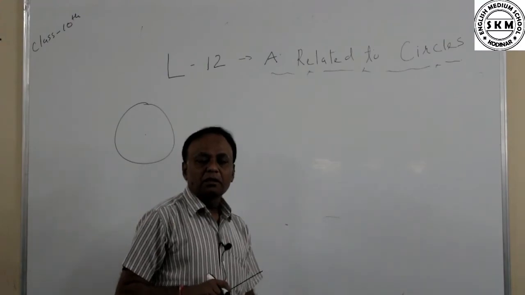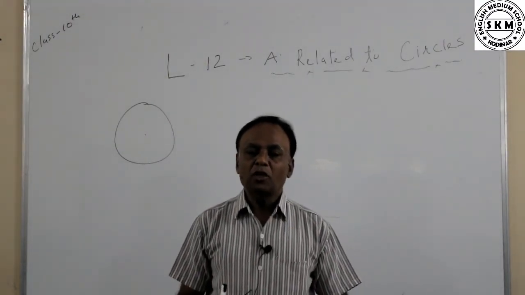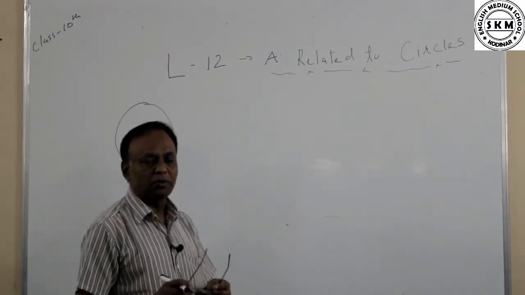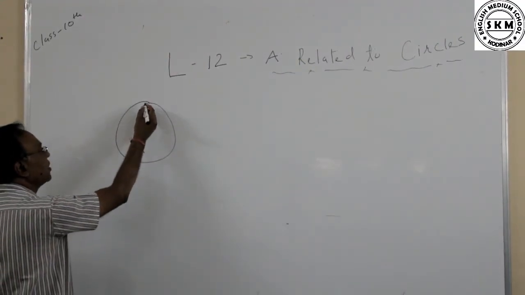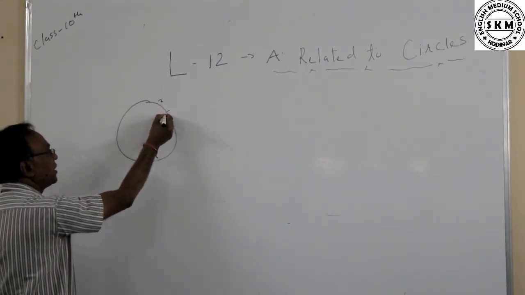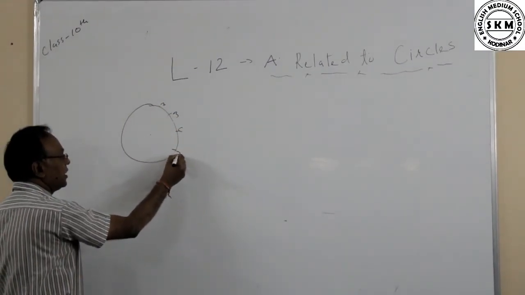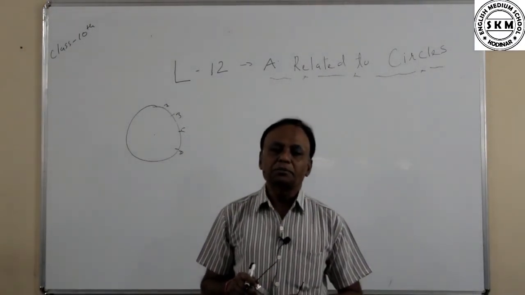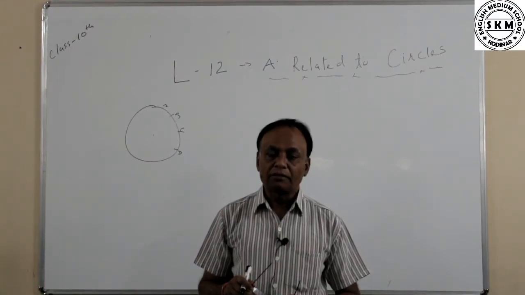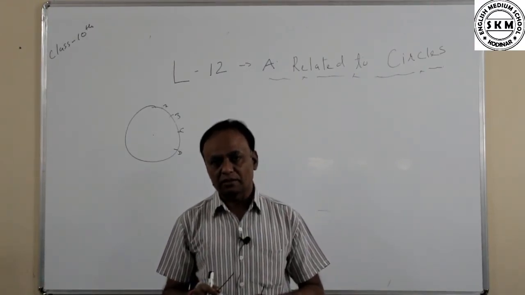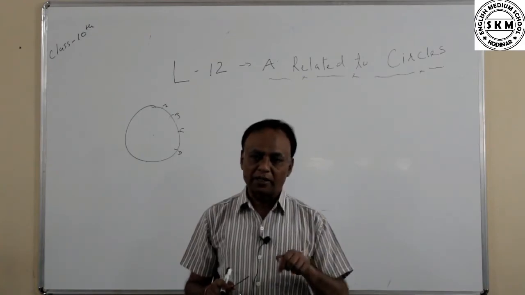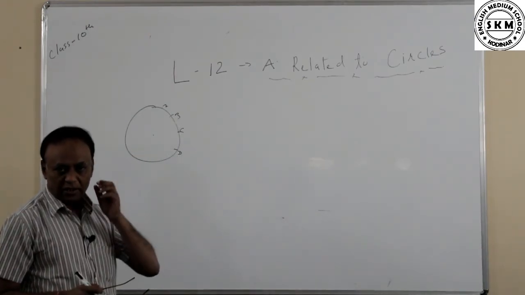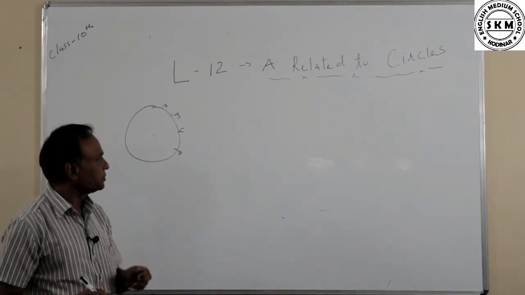Now, a collection of the points, or set of the points, suppose A, B, C, D. Here, a collection of the points which are equidistant from the fixed point is called the circle.